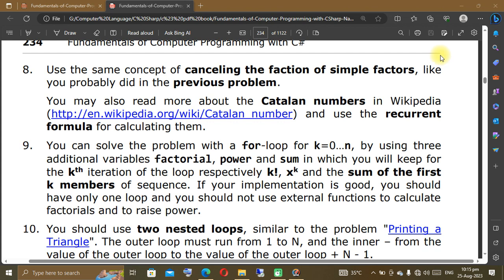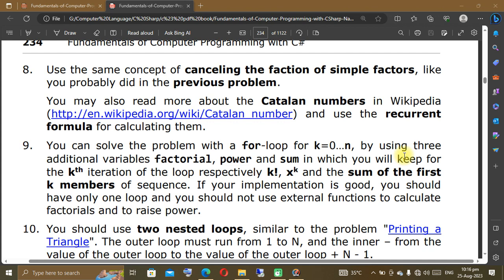You can solve the problem with a for loop for k equal to 0 and by using three rational variables, factorial, power and sum, in which you will keep for the k-th iteration of the loop respectively k factorial, x to the power k, and the sum of the first k members of the sequence.